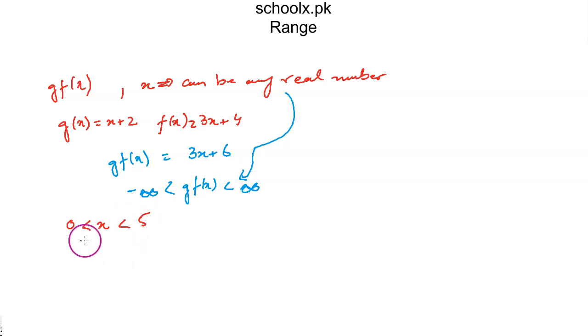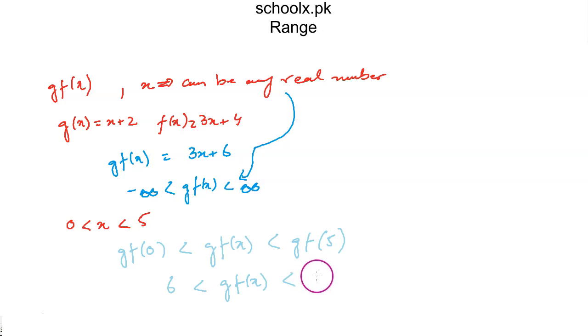We know that the lowest value of this function will be g of f of 0, and the highest value with this domain will be g of f of 5. So this will give us 6, and this will give us 21. So the function goes from 6 to 21.